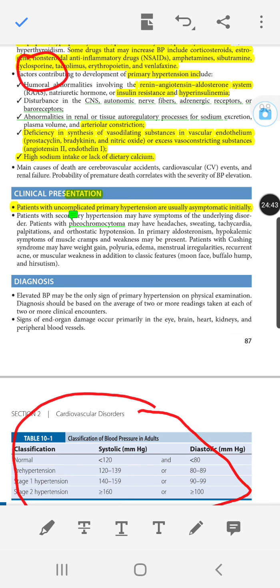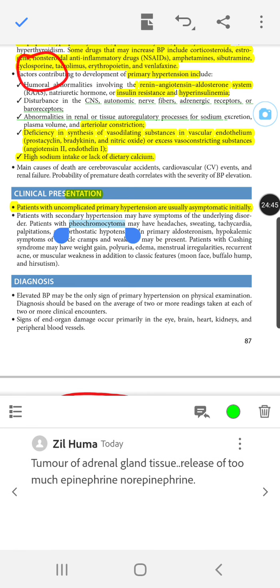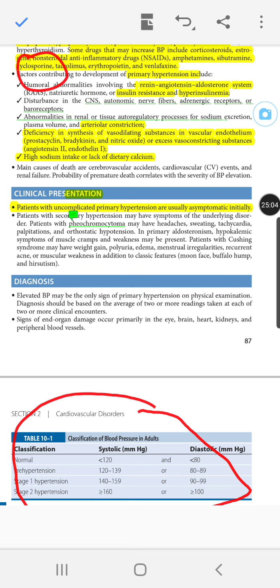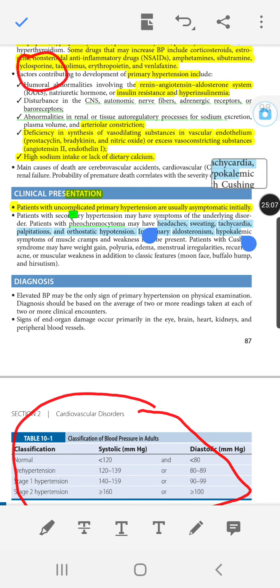Pheochromocytoma means a tumor of adrenal gland tissue, releasing too much epinephrine and norepinephrine. So when there is a high amount of epinephrine and norepinephrine, the blood pressure increases, and when there is an increase in blood pressure, it may cause headaches, sweating, tachycardia, palpitation, orthostatic hypertension.